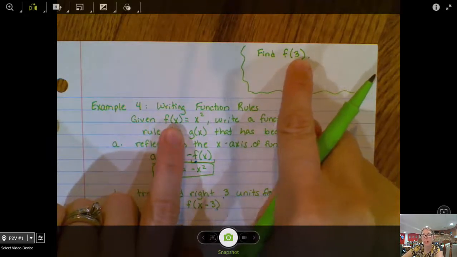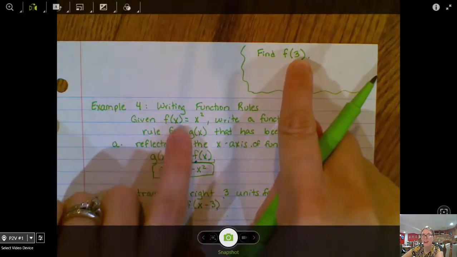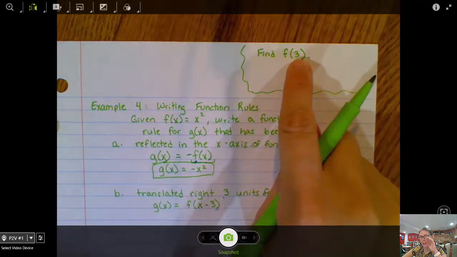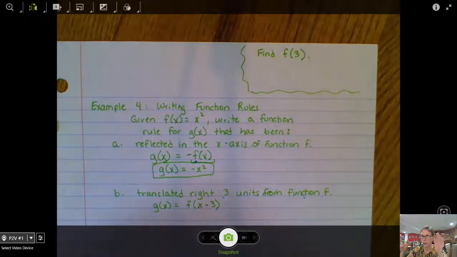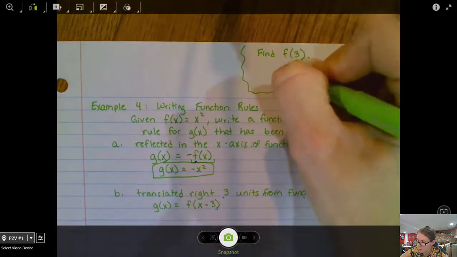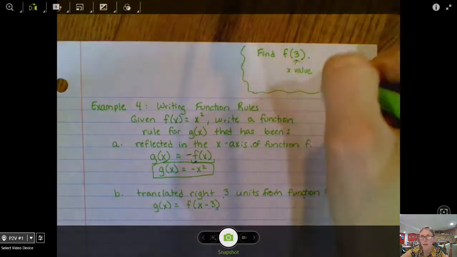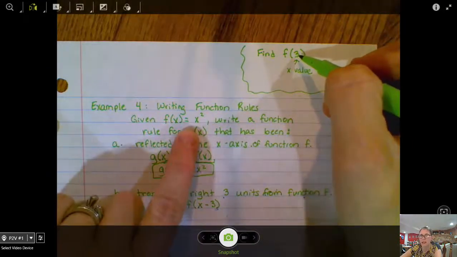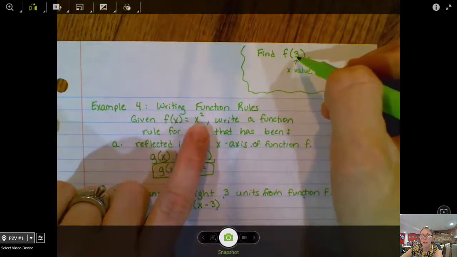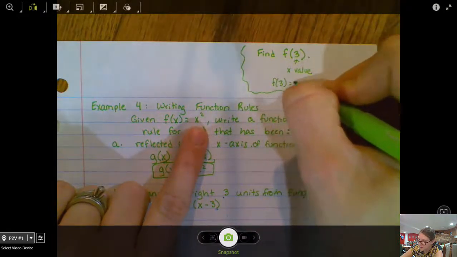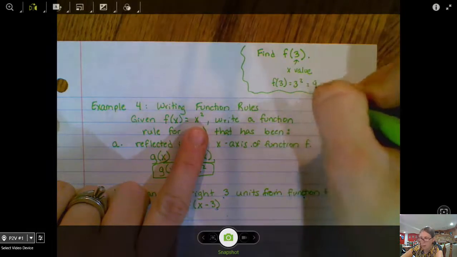This number inside of our parentheses is our x value. Whenever we have something inside of our parentheses, f of whatever, that whatever is our x value. So to find f of 3, we plug 3 in for x in our equation. So f of 3 would be 3 squared, which is 9.